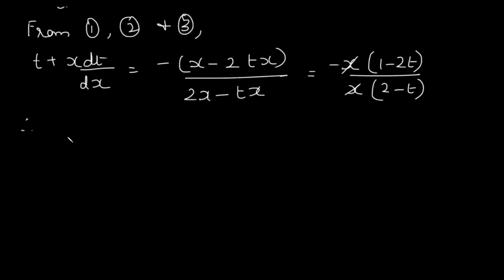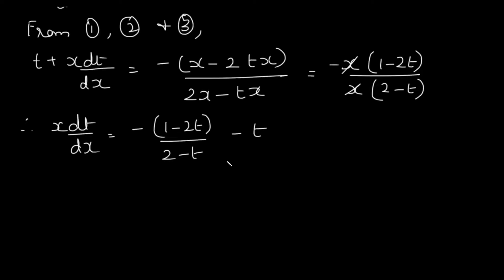So when we send t to the RHS, we get x dt upon dx is equal to minus (1 minus 2t) upon (2 minus t) over here.